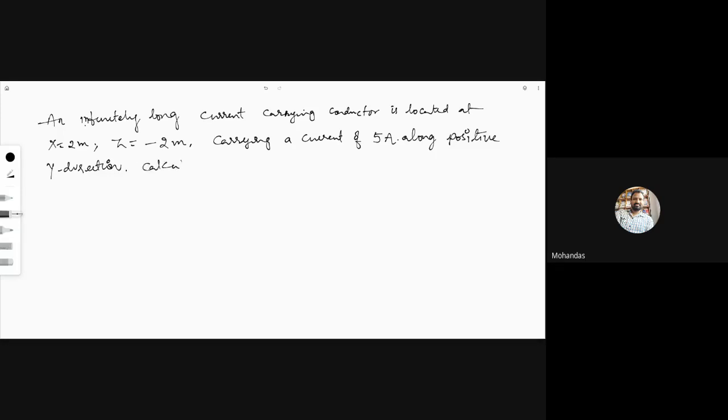Now calculate the magnetic field intensity at the origin, or let us take a field point, right?